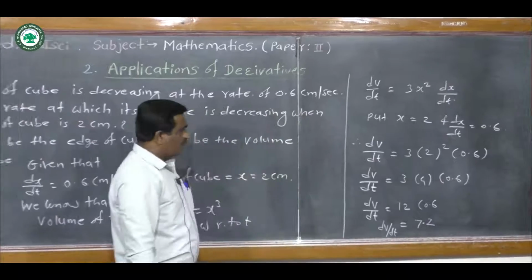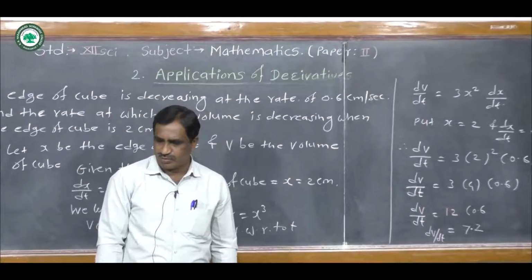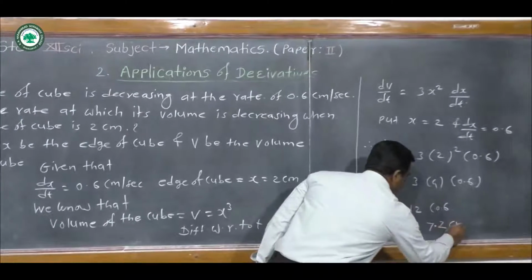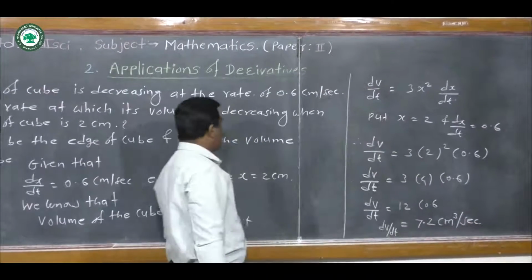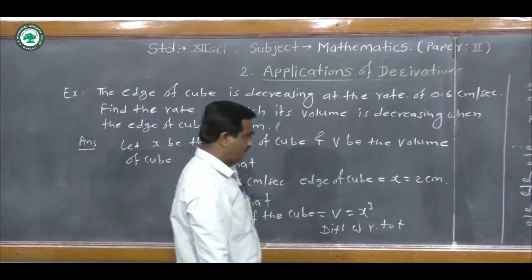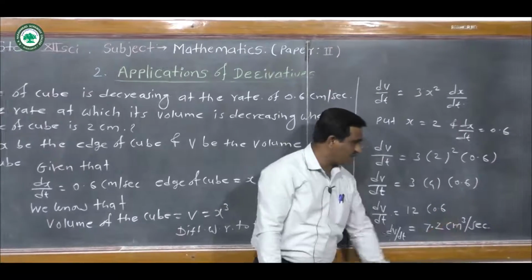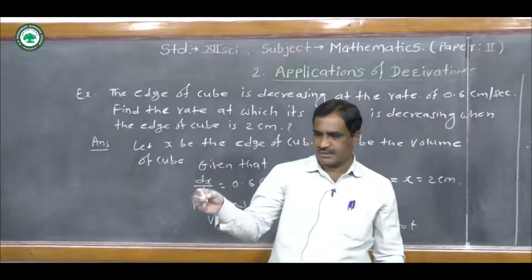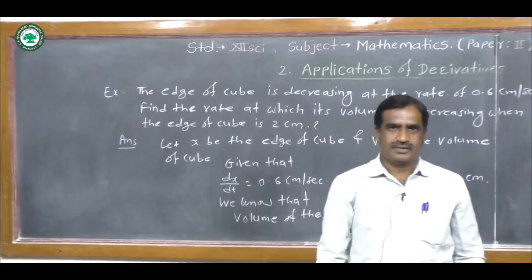This is the rate of change of volume of the cube at time t, which is equal to 7.2 centimeter cubed per second. This is the answer for this third example. Now we will stop here. Okay, thank you.